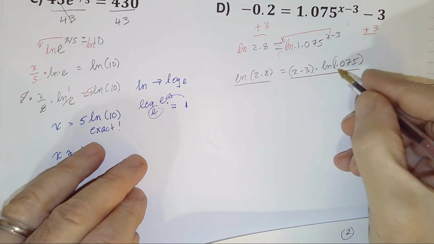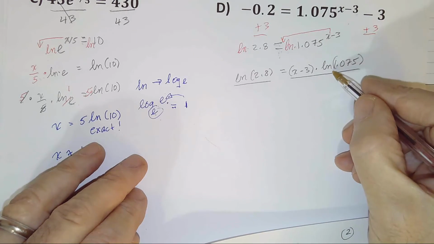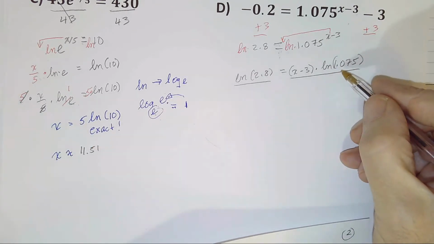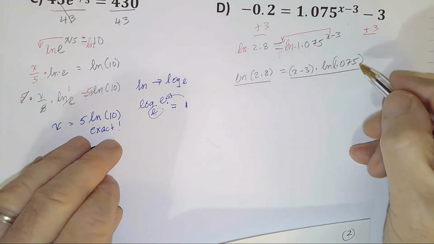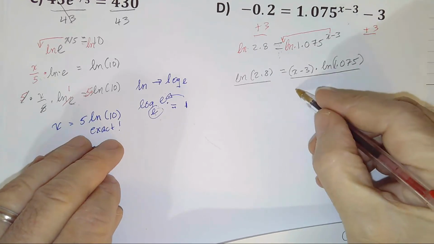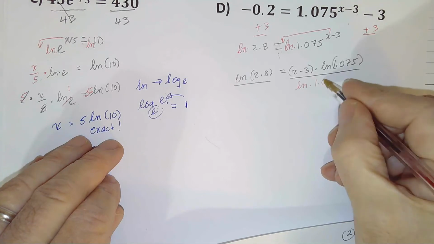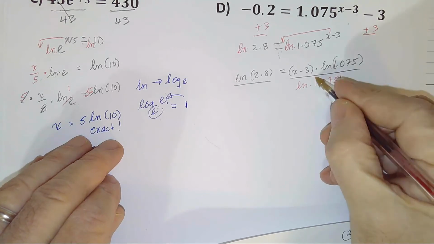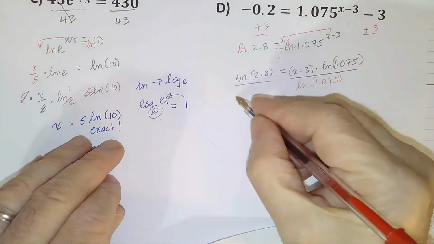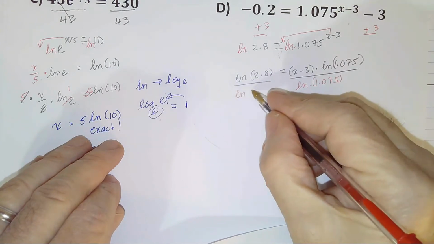Why? Because, again, natural logs are numbers. Remember, e is a little less than 3. So I'm going to divide by natural log of 1.075, in parentheses. And I'm going to do the same thing over here.